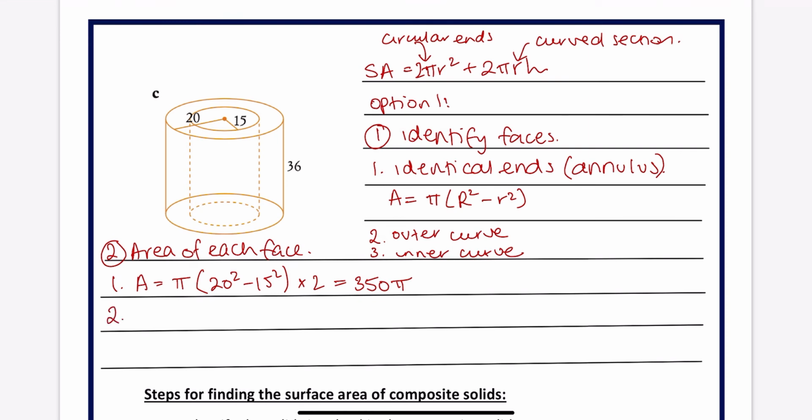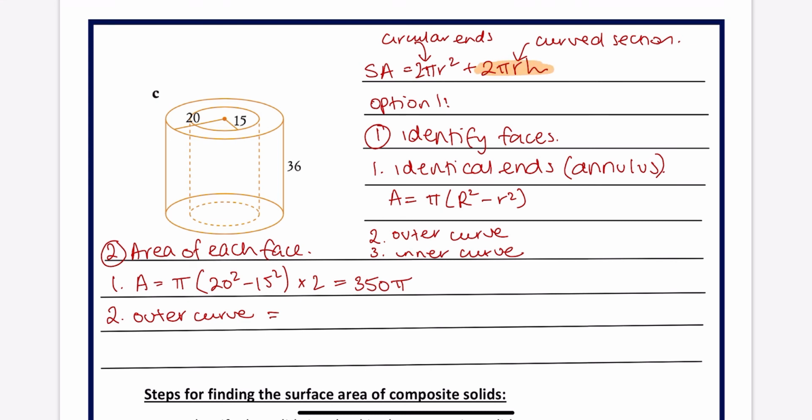Okay, so the outer curve. To find that, you need to look at the surface area of a cylinder formula and use this section here.